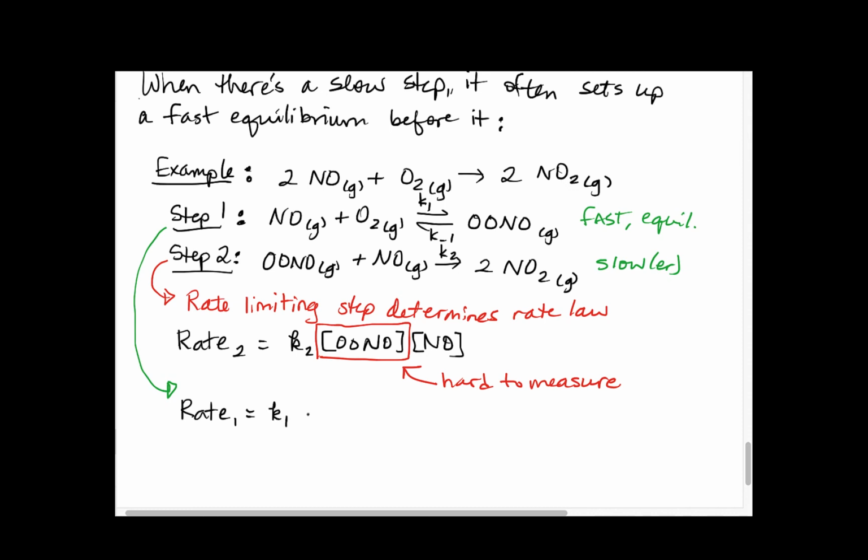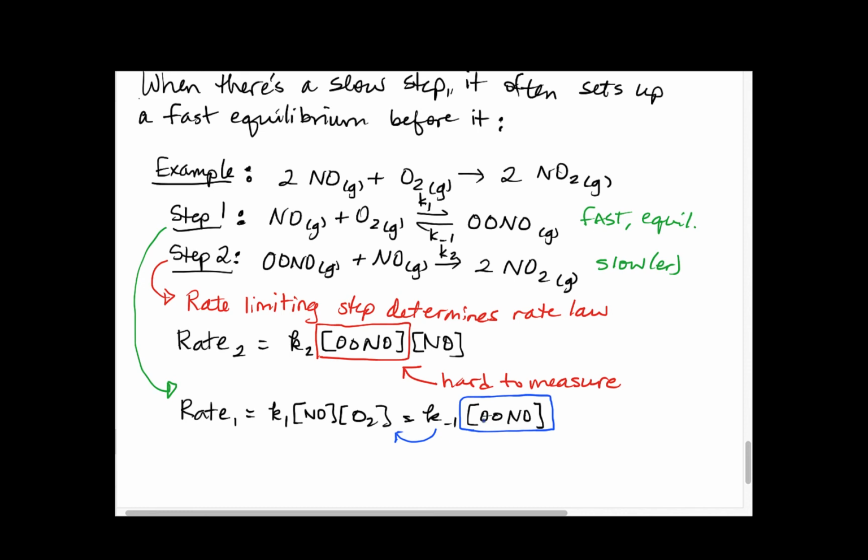And remember that the stoichiometry is we have to pay attention to both directions. And the power of the equal sign here points out that we can solve for the concentration of this OONO just by dividing out that other rate constant.